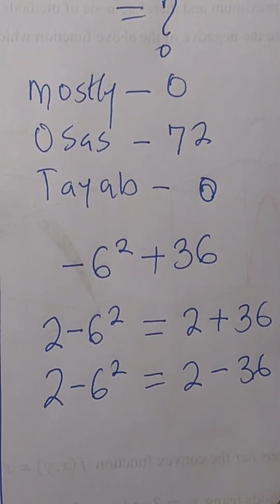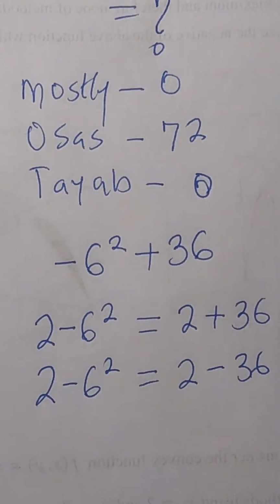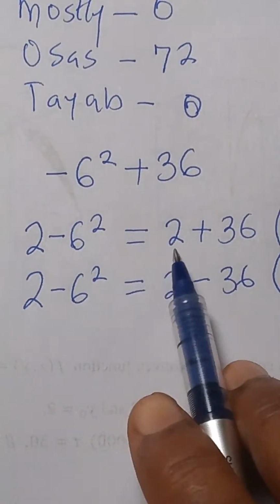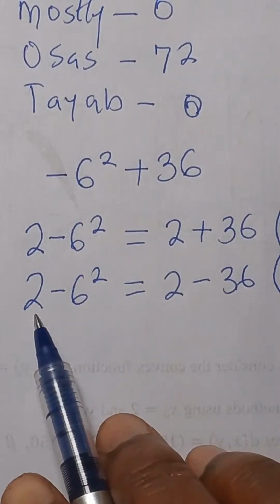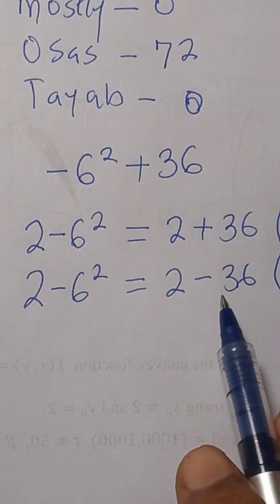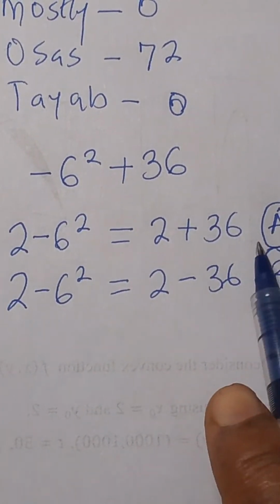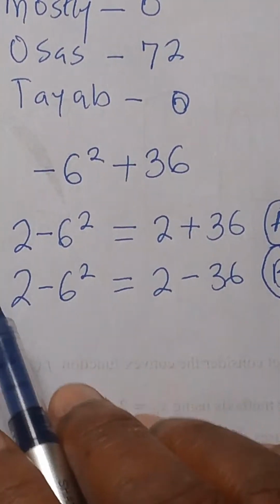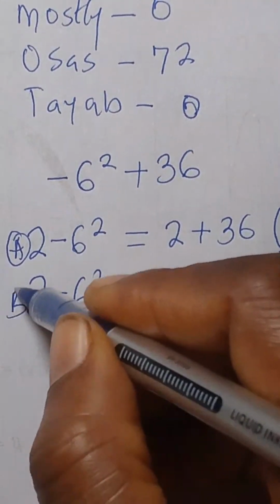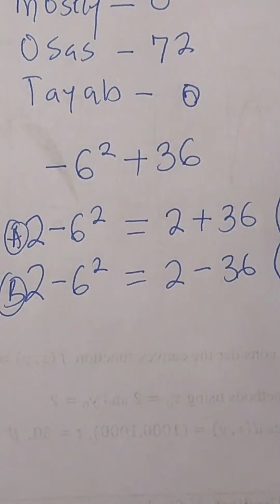If you're going to solve it as the second option, drop B. The first one is A, the second one is B. Let me know, because this will help guide us on solving the next one.